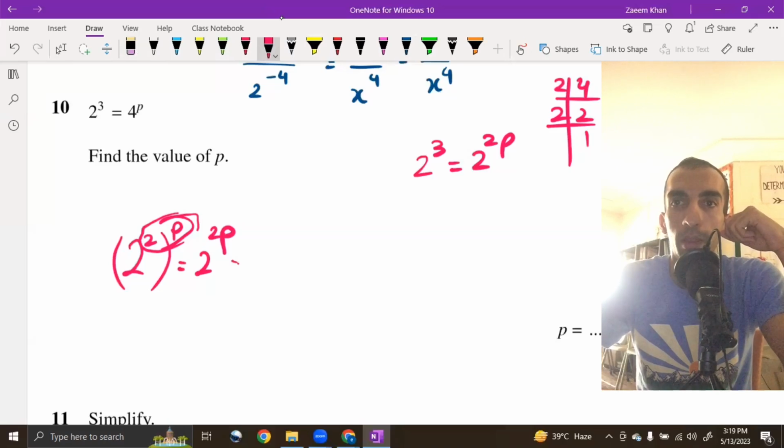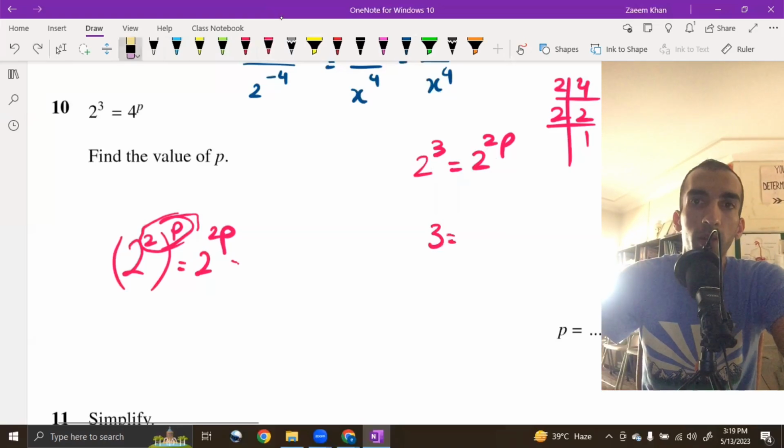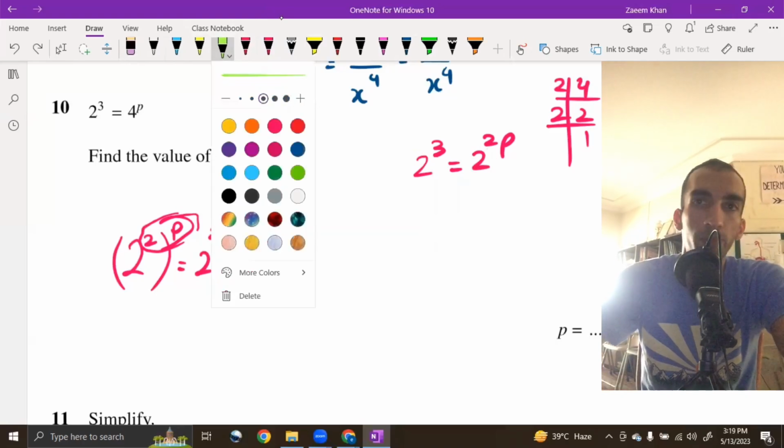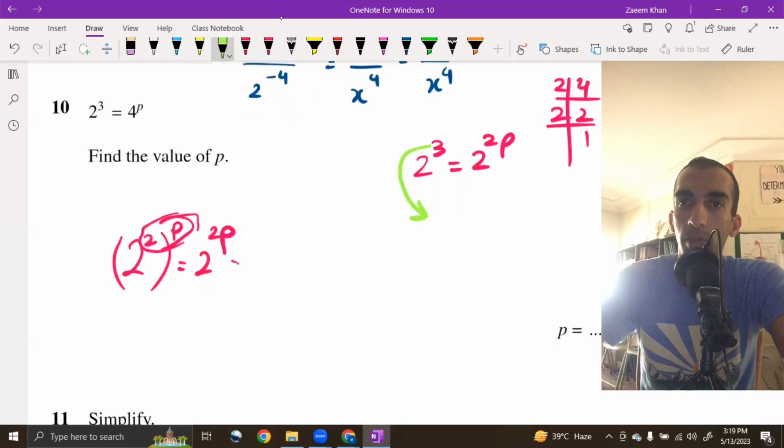No problem. Since the bases are the same, we can simply equate the powers and say 3 is equal to 2p. To make it easier for you to remember, I'm going to write it down in a separate color. Here you go. 3 is equal to 2p.